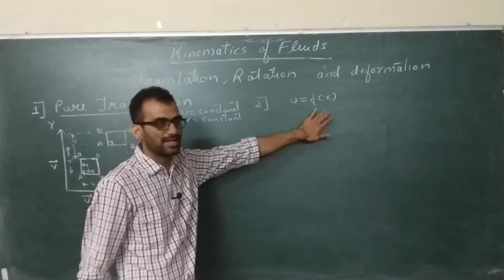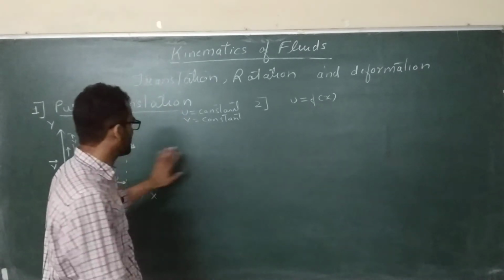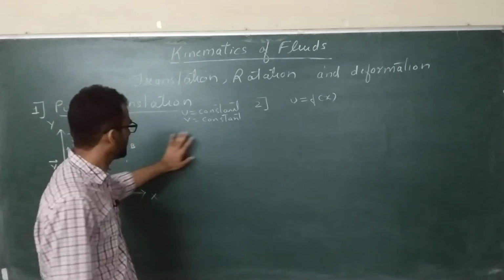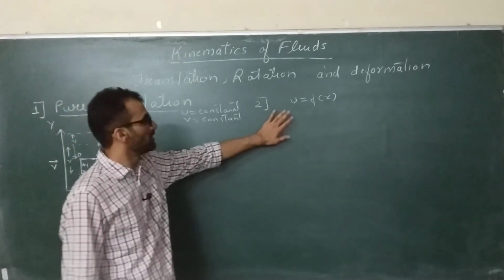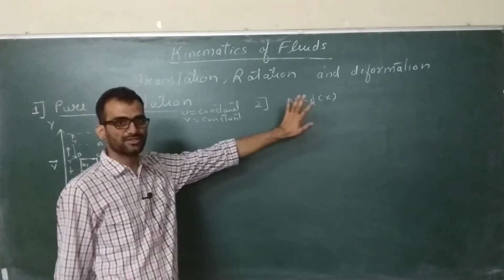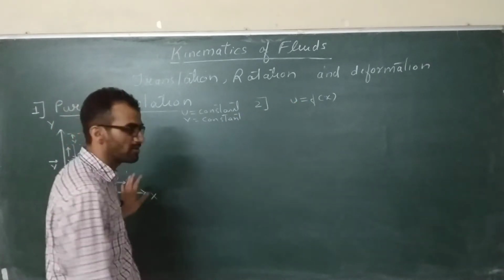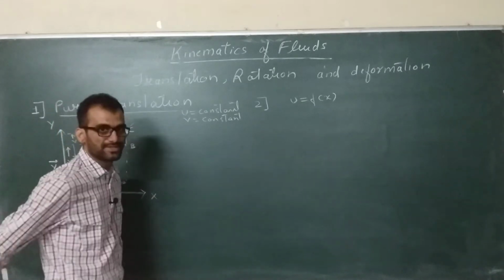U is a function of x. I am not considering time because let's keep the exercise simple and the flow must be a steady flow. So u is not a function of time also, so del u by del t is 0. So all flows are steady flows here. We are only talking about the changes in spatial components.